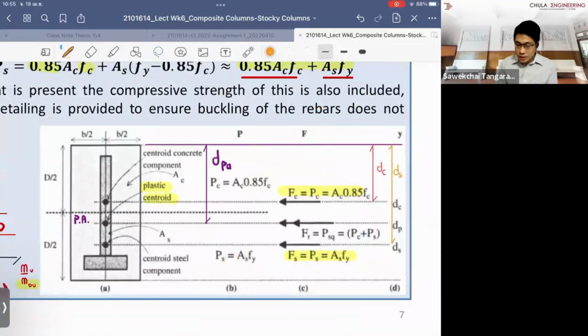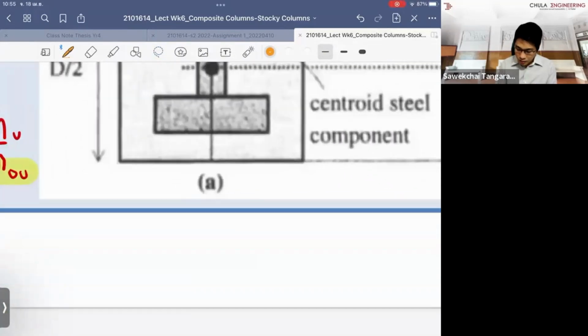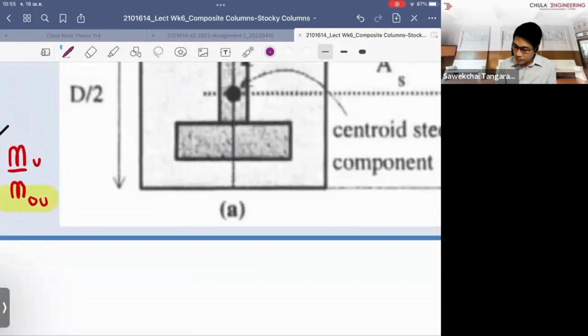When you want to determine the plastic centroid, you calculate the first moment of areas.